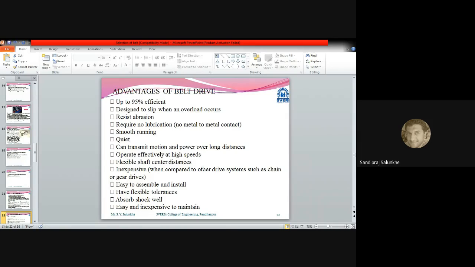But in some applications, if the slip is frequent, with a small overload, then we can say it is not that economical.